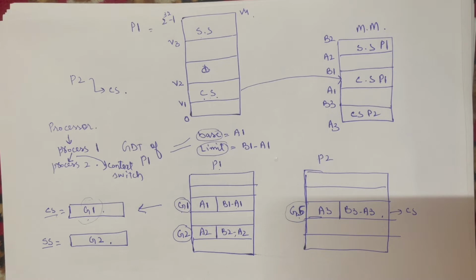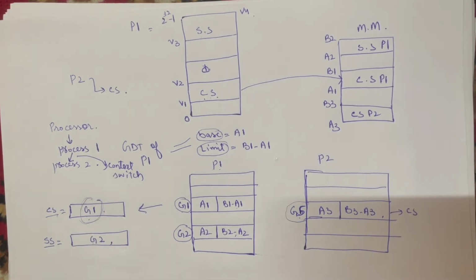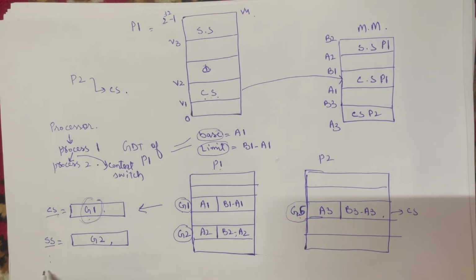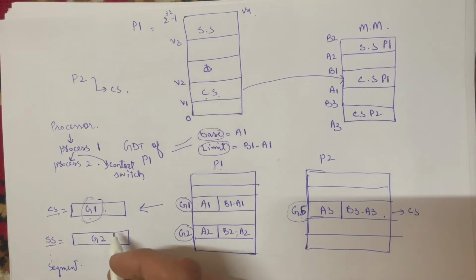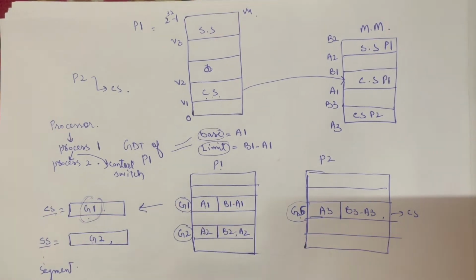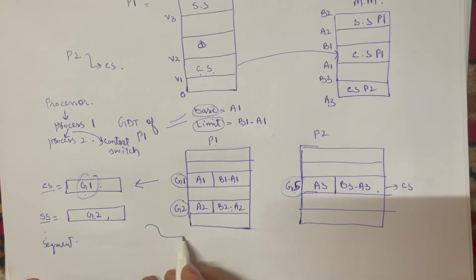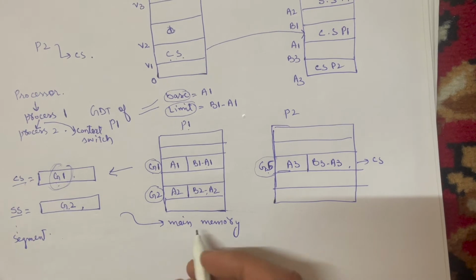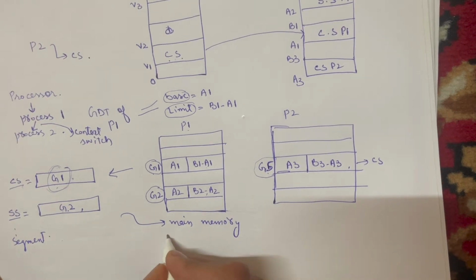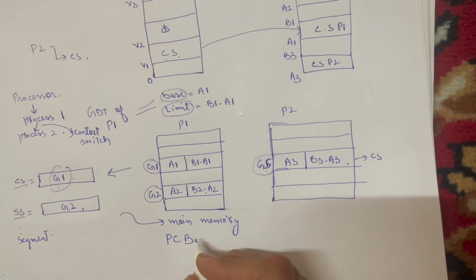What our processor is going to do is store these values G1, G2 and the other segment registers related to process P1 into the main memory temporarily. In main memory we have one table called the process control block.